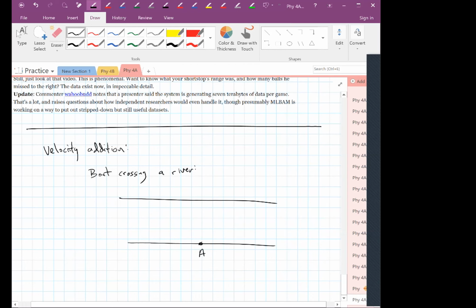Here's our boat. Here's the point directly opposite. Here's some point downstream. And we'll be given some dimensions here. This would be A, this would be B, and we've got our water flowing here. Velocity of the water with respect to the ground.